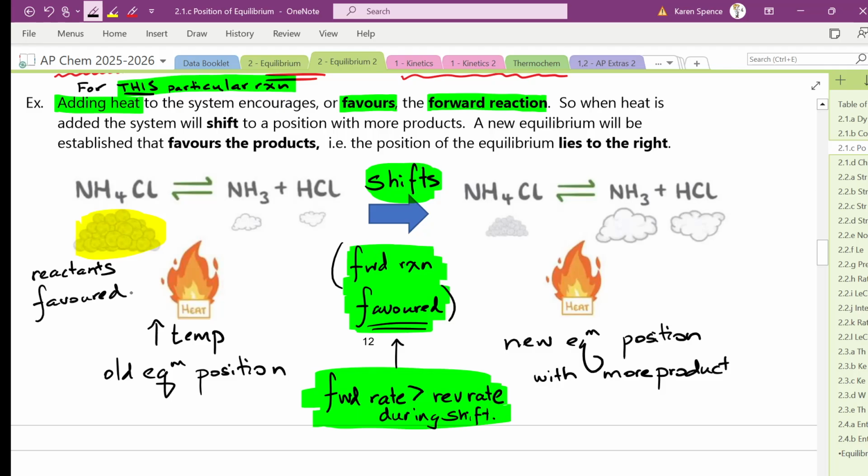What does reactants favored mean? Concentration of reactant is bigger than concentration of product. That's what reactant favored means, okay?